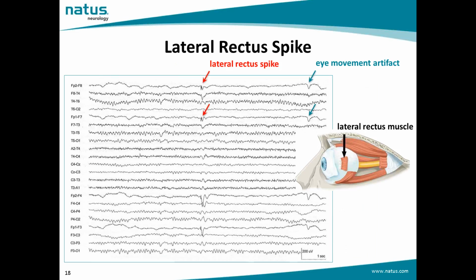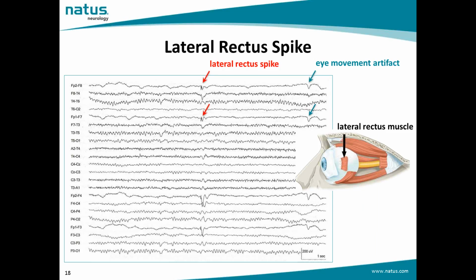The EEG during more rapid lateral eye movements sometimes includes a single spike from a contraction of the lateral rectus muscle. In the picture on the right, a representation of the muscle which generates this type of artifact. This low amplitude transient is termed a lateral rectus spike and usually is present at the F7 electrode during a left lateral eye movement or F8 electrode during the right lateral eye movement.